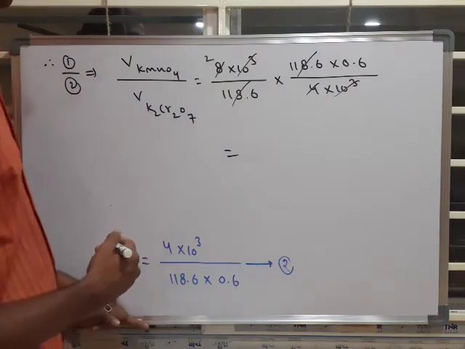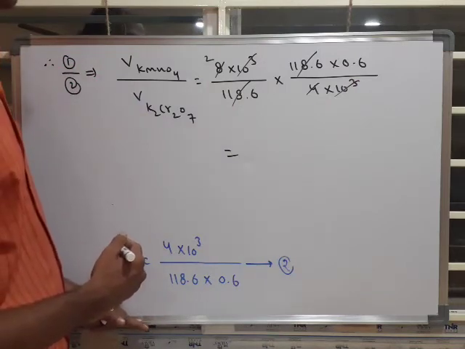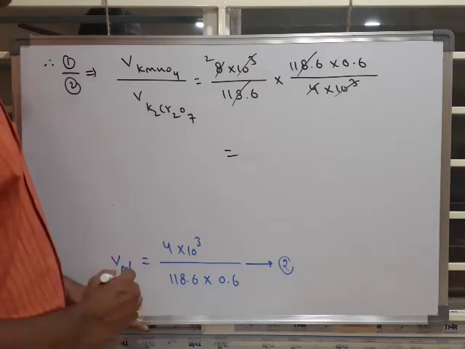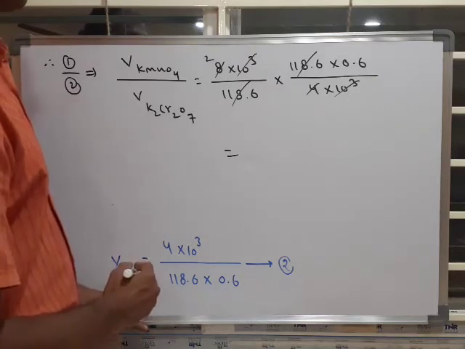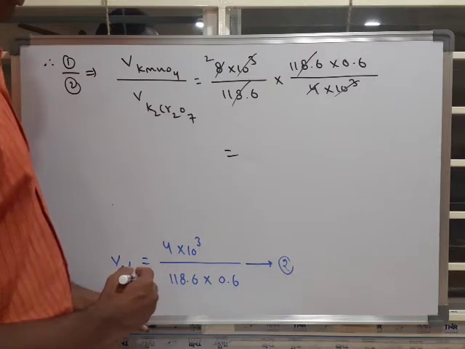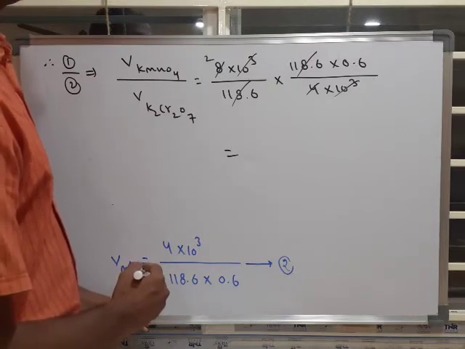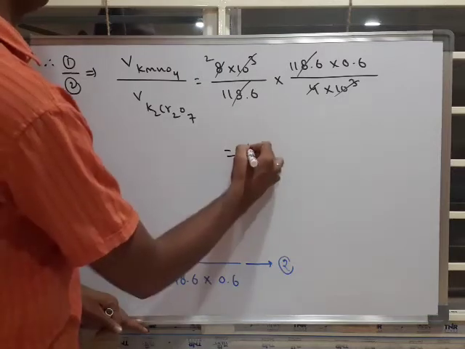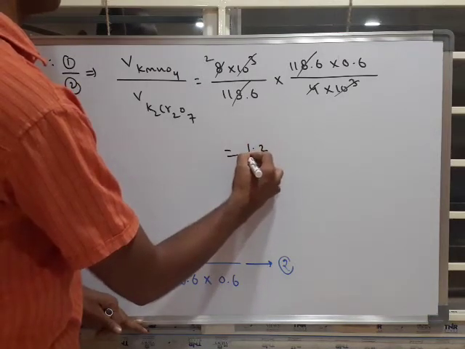In total we are getting 0.6 into 2, which is approximately 0.12. That is 1.2 by 1.